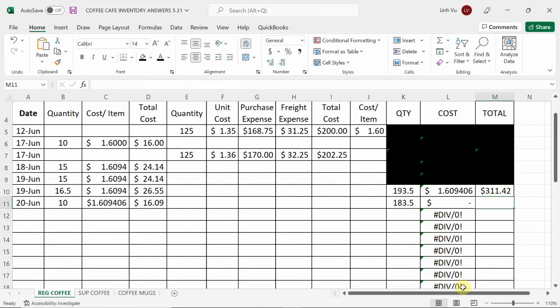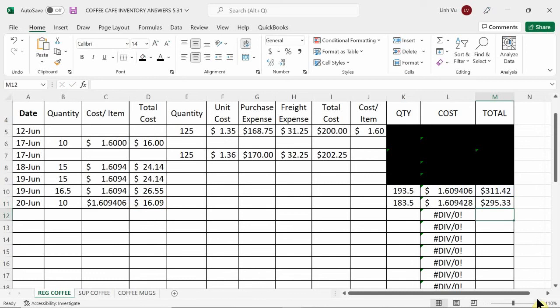Okay. If you have 311.42 and you sold 16.09, how much should you have left remaining? 295.33.